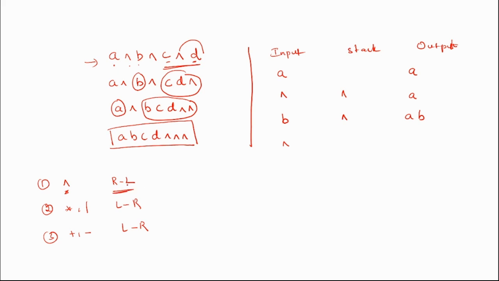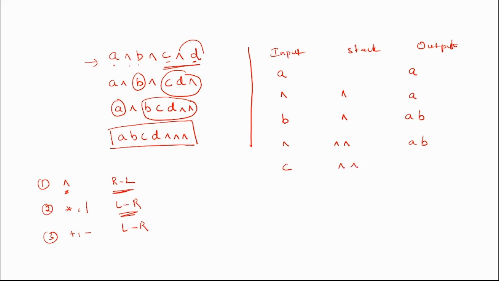If associativity is from right to left, then I need to push it into the stack. We have already studied in the previous videos that if the precedence is the same and the associativity is from left to right, we used to pop. But here if the associativity is from right to left, we push it into the stack and AB remains the same, right?